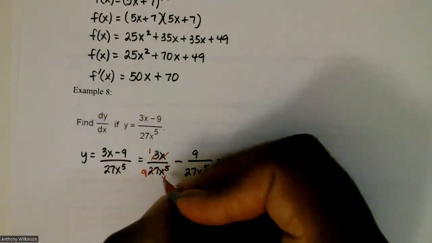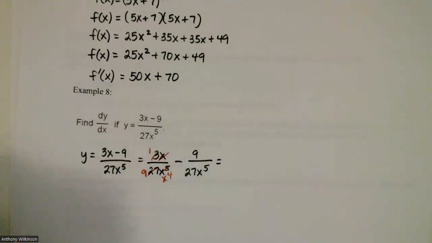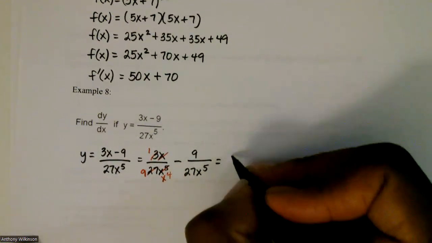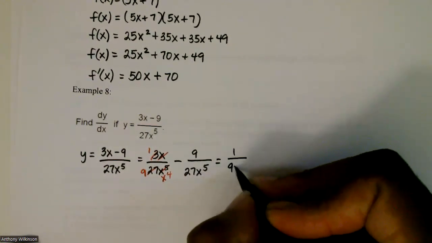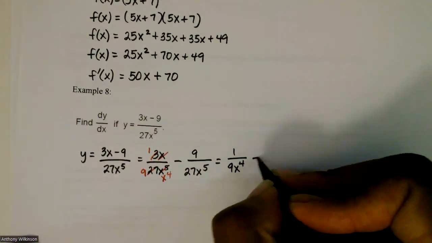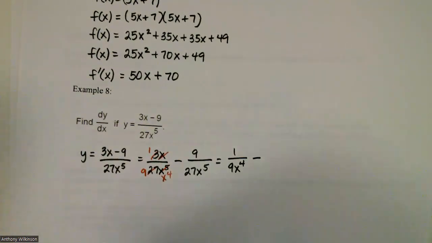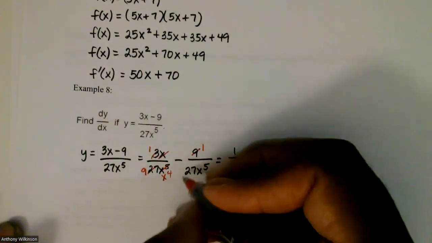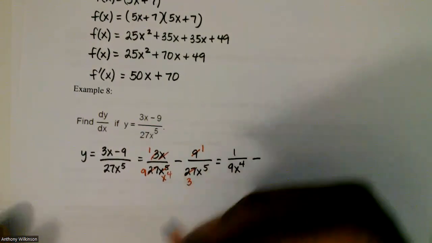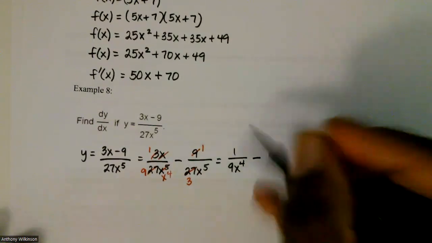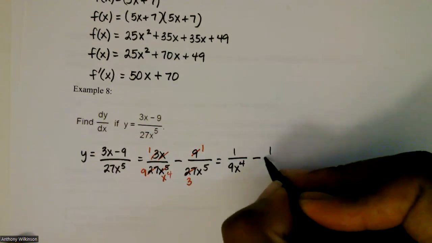So that means I will end up with 1 over 9x to the 4th minus the 9 over 27. 9 goes into itself 1 time. 9 goes into 27 3 times. So this will be 1 over 3x to the 5th.